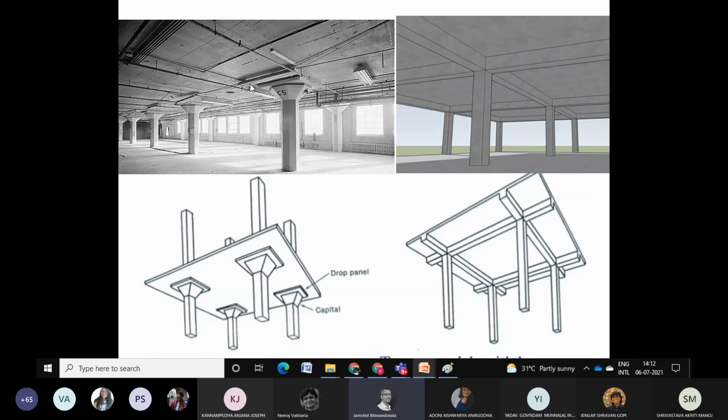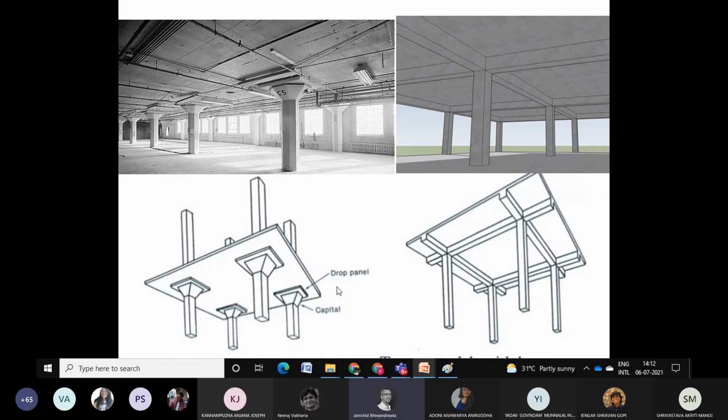Flat slabs are a great hit where a lot of services run. If you look here, there are so many pipes running around, for firefighting, hot water, AC ducting, all of these. Beams can create a lot of hassles.